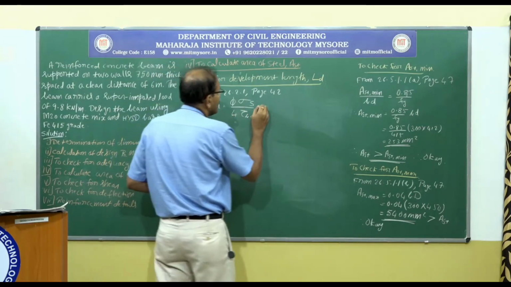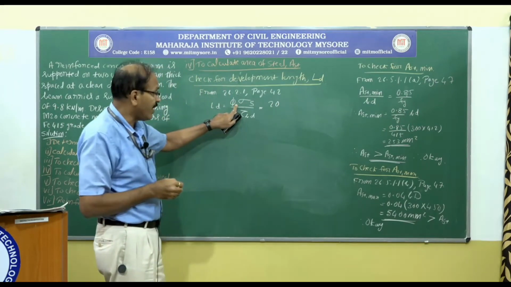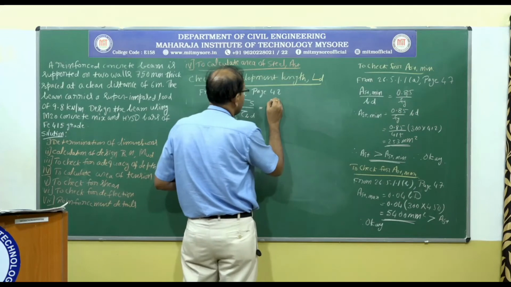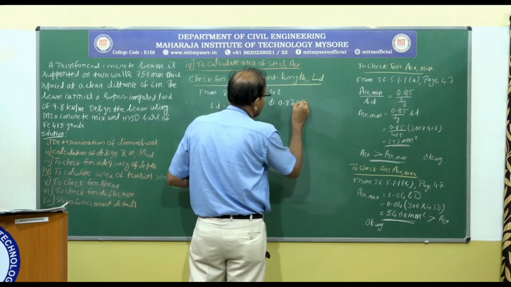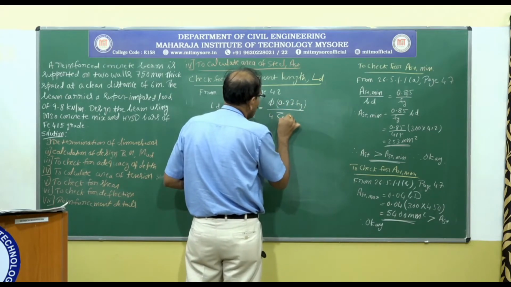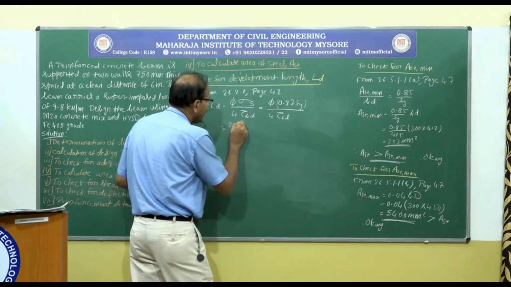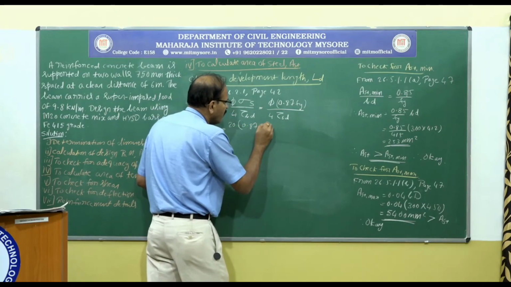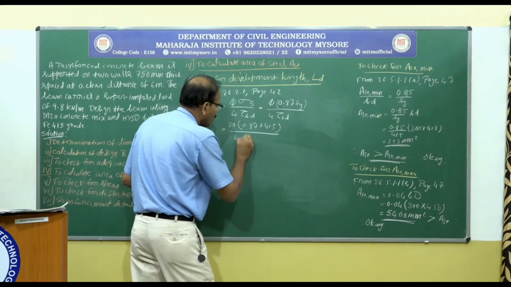So this is the diameter of the bar, 20 millimeter diameter, that is phi value. Okay, I am going to write one more step: phi times 0.87 Fy divided by 4 tau Bd. That is equal to phi is 20 millimeter diameter bar, 0.87 into 415 divided by 4.